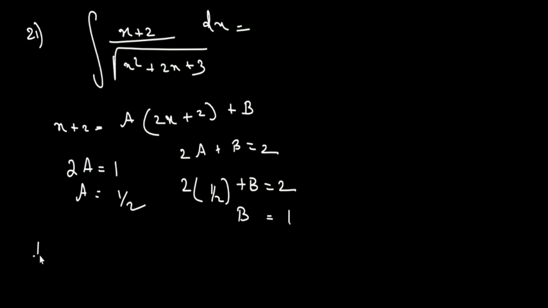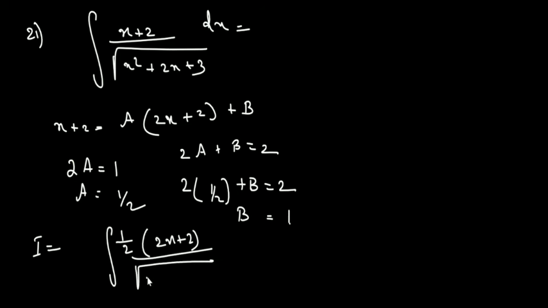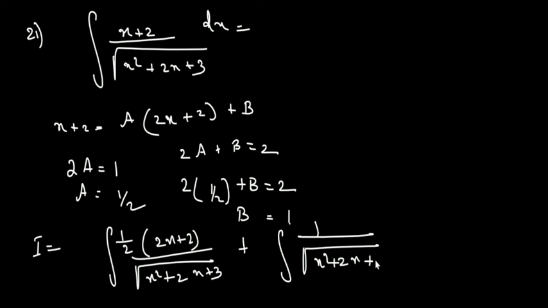So this integral will now change to the integral of a, which is half, (2x plus 2) by root of x square plus 2x plus 3, plus b, which is 1, so 1 by root of x square plus 2x plus 3.